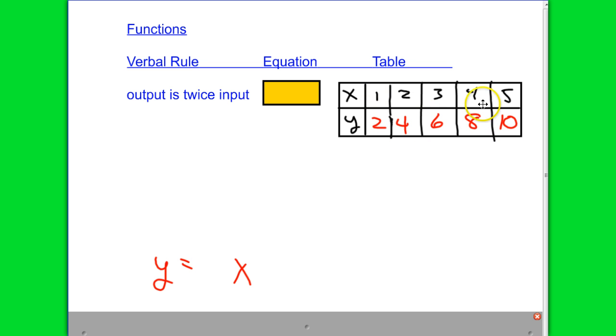And if you recall, we named that operation. And so can you complete this equation? Good. We said we simply multiplied the input by 2. So the equation is y equals 2x.